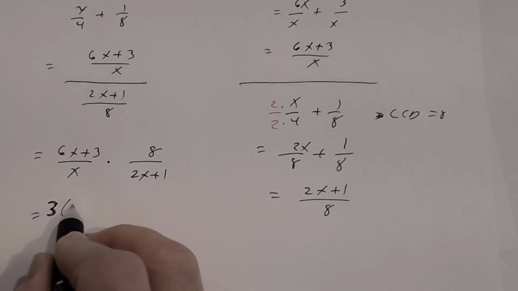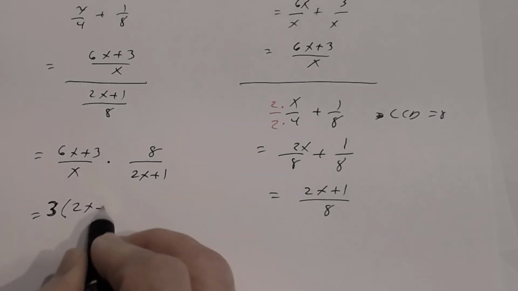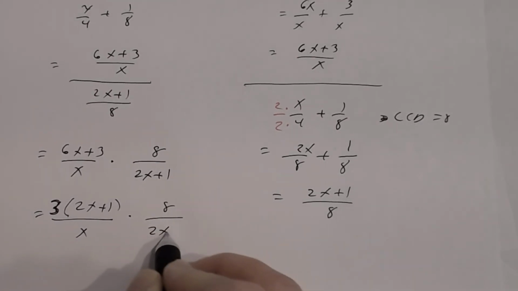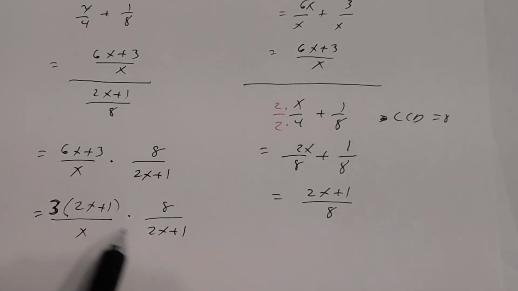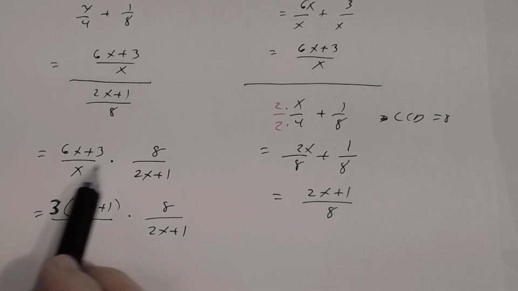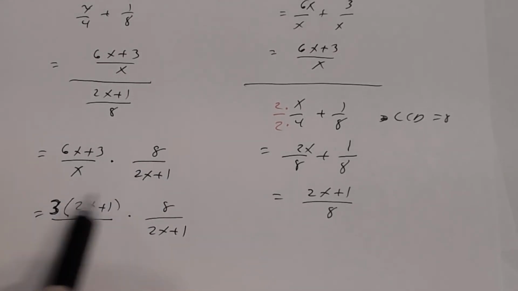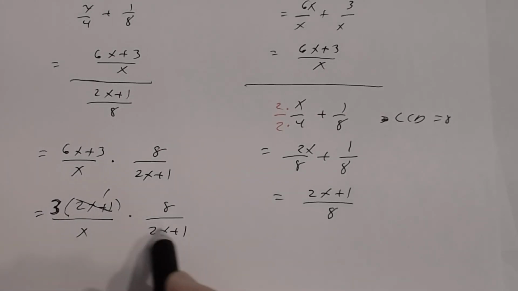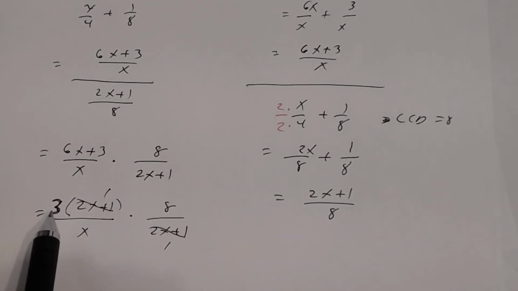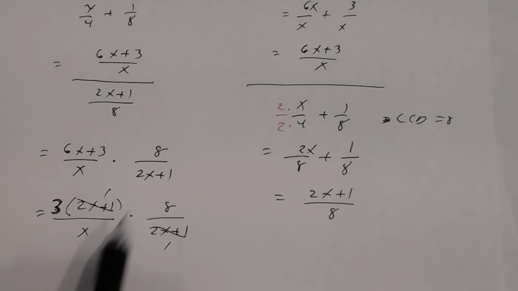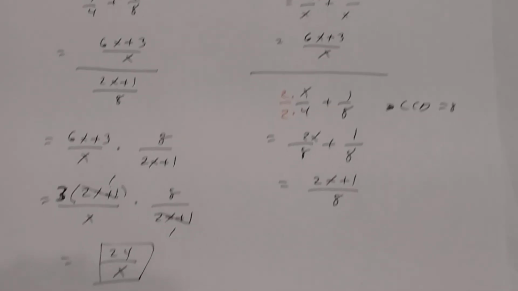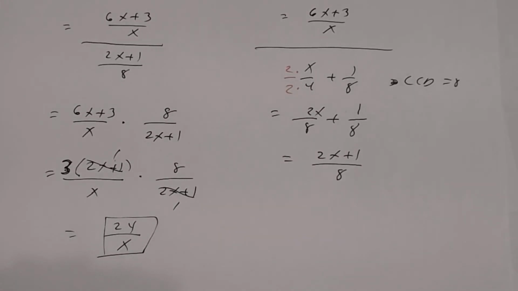So that'll be 3 times 2x plus 1 divided by x, times 8 divided by 2x plus 1. Now you see you have some common factors. It's very important when you get to this point, before you reduce, to check whether you can factor further. So I can reduce, and the answer is 3 times 1 times 8, which is 24, divided by x times 1, which is x. So there's your answer. All right, so see, it's not that bad. It's not that bad.